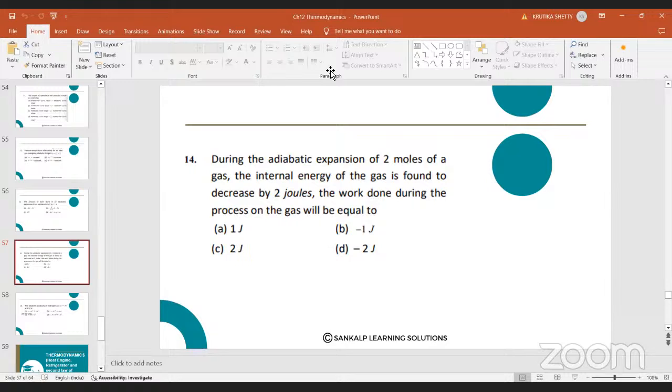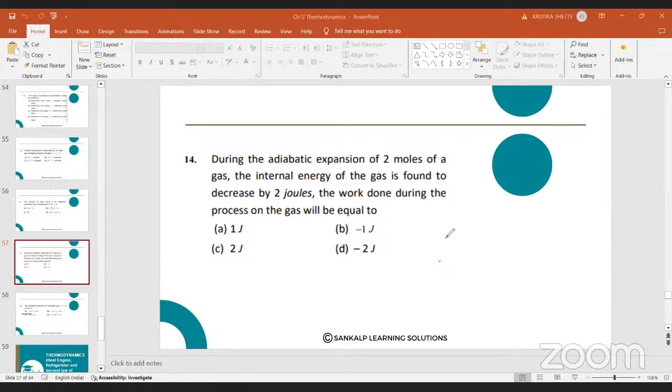So here, as we know, during the adiabatic expansion the internal energy decreases by 2 joules. Internal energy is decreasing, so we must take it as negative. As we know, during the adiabatic process, the heat will be 0.